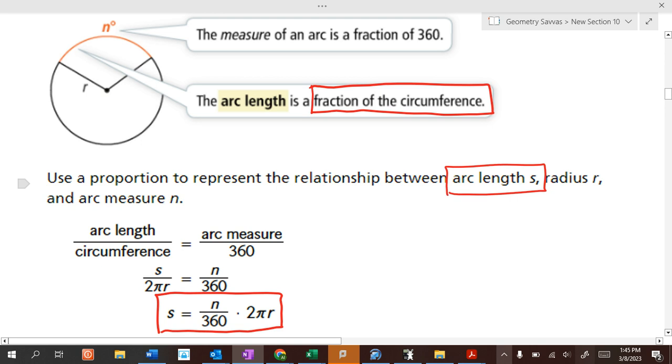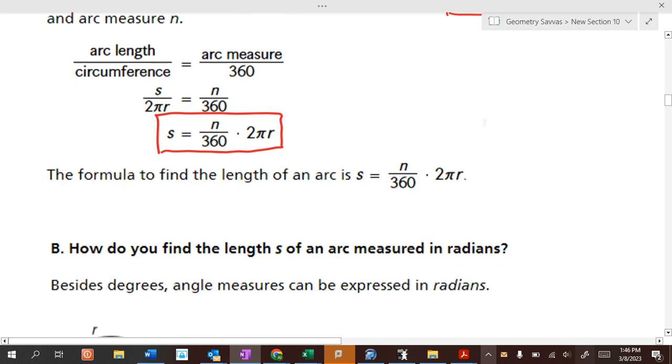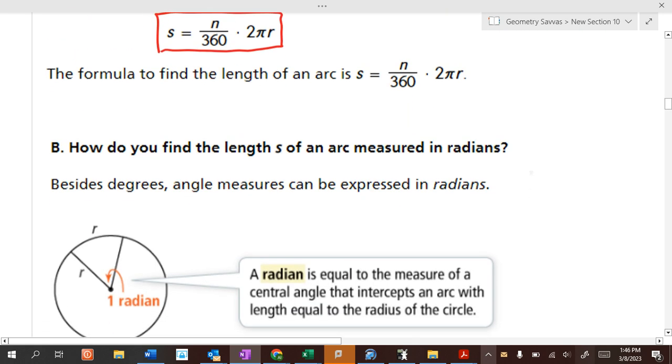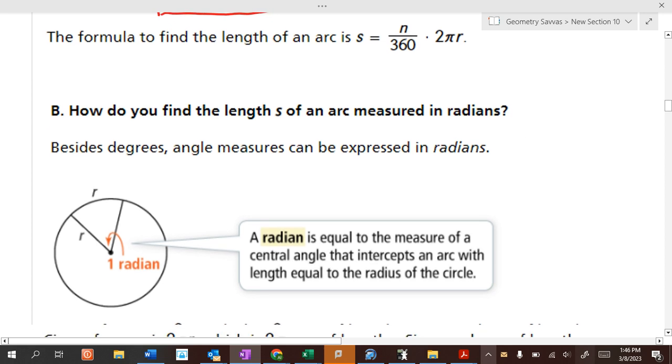Okay? And that formula is right up here, the geometry arc length formula. So that'll be on the board. The angle divided by 360 degrees times 2 pi r. That's if it's in degrees.